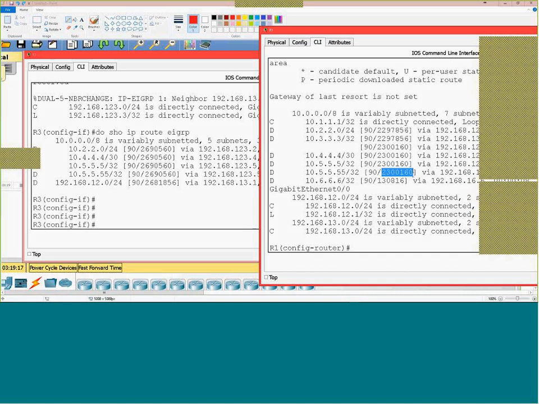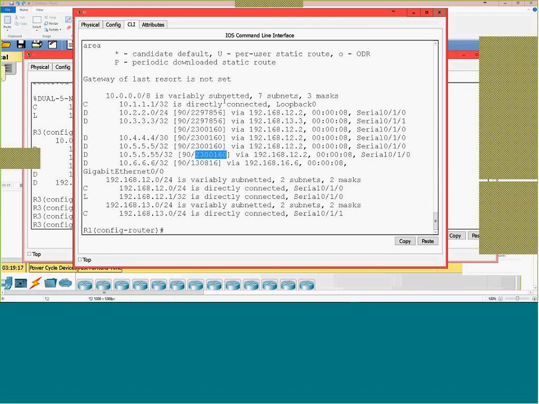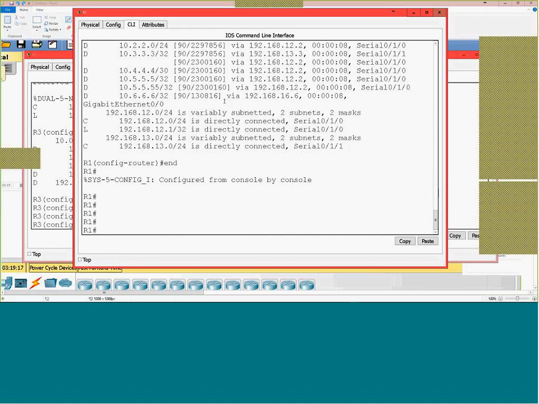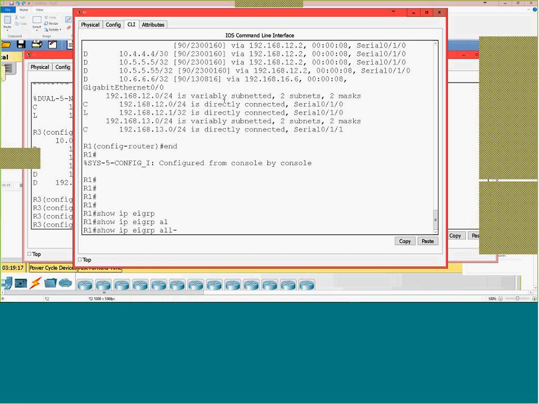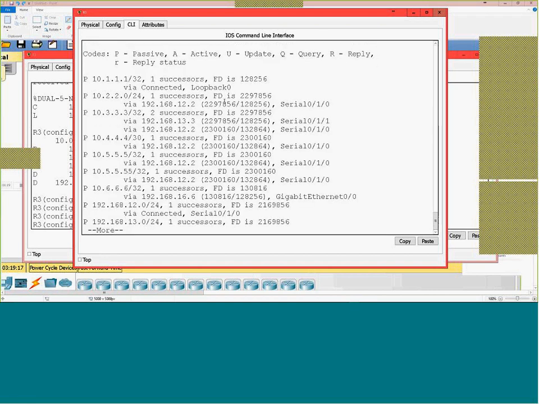Now, I should be able to see that in my topology table, but unfortunately, Packet Tracer doesn't do the all-links. Show IP EIGRP topology. It accepts the command, topology all-links, but it doesn't report the output correctly. I should see two routes here. I should see the one that doesn't meet the condition.